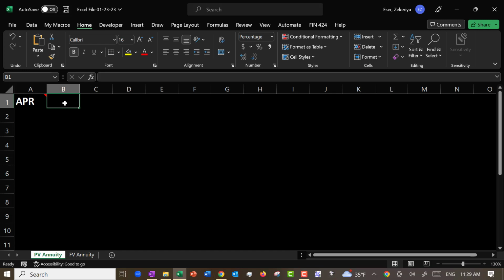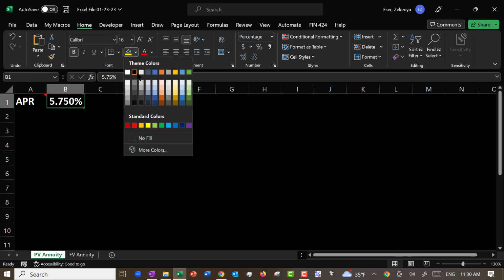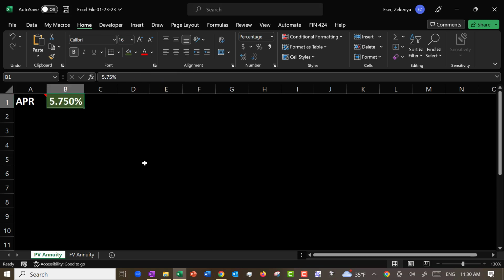Since I already formatted as percent, when I write that interest rate I don't have to write it as a decimal. All I have to do is 5.75%. Done. Since this is an input, my convention is to make this a dark green.